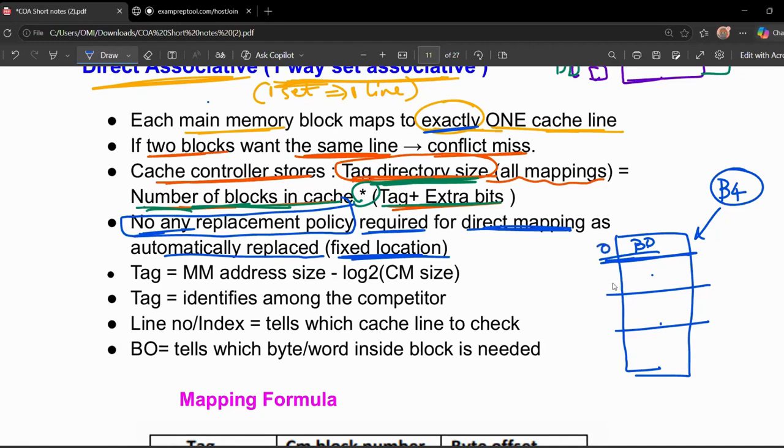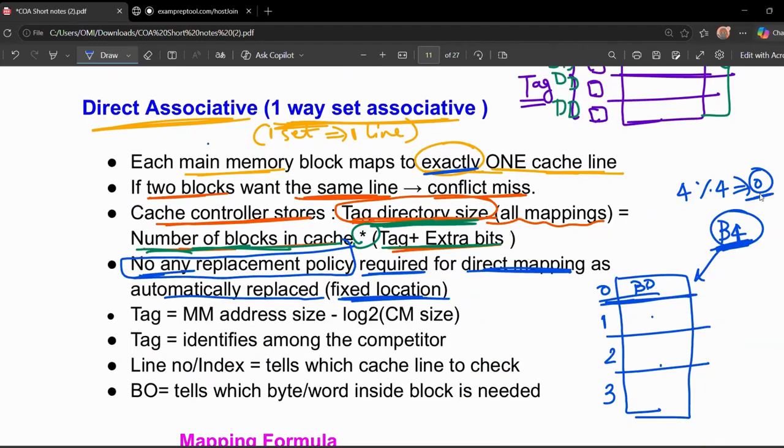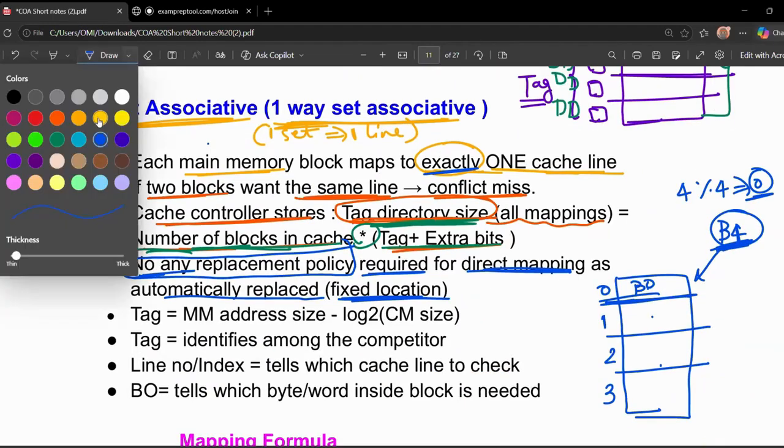The indexes are 0, 1, 2, and 3, so we compute 4 mod the total number of blocks, which is 4. So it maps to 0, because it has a fixed location. I just used this formula, taking the main memory block number modulo the total number of blocks, and I got to know that it will map to 0.